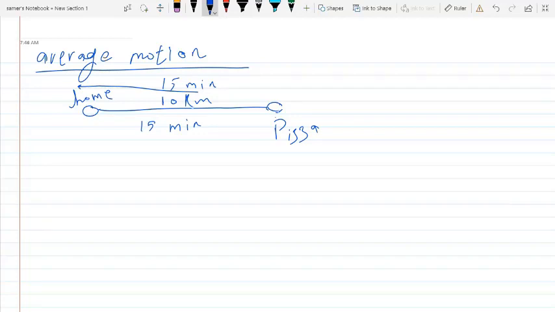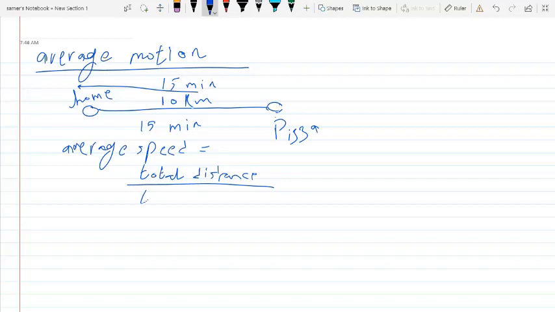Now, we can say that your average speed is the total distance you traveled divided by the total time.